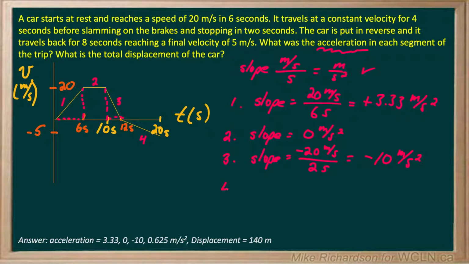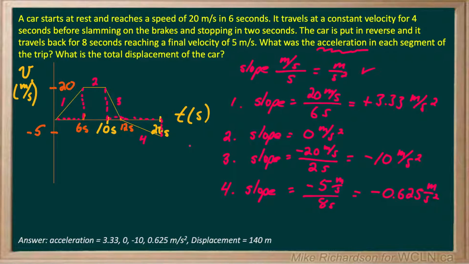And then region 4, the last region, the slope is also negative, and it looks like the rise is -5 and the run would be 8 seconds. So -5 meters per second divided by 8 seconds gives us another negative slope of -0.625 meters per second squared.